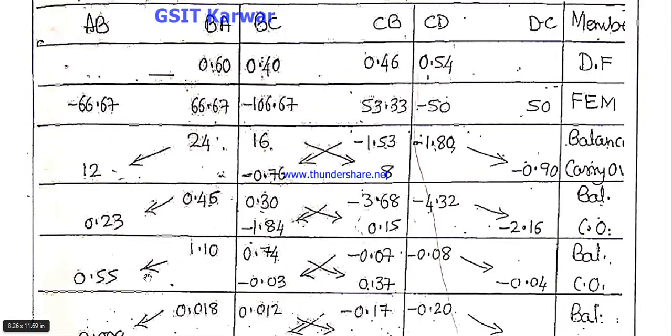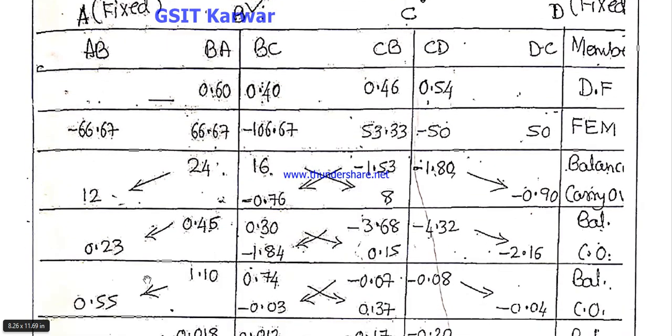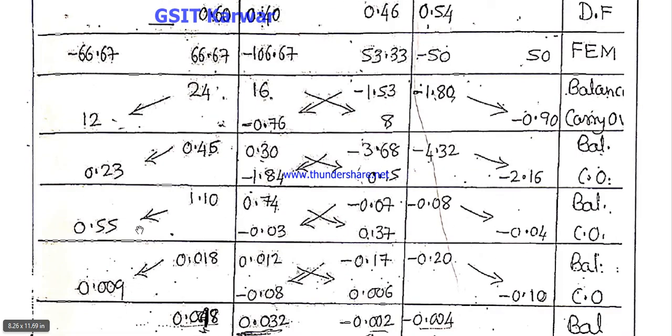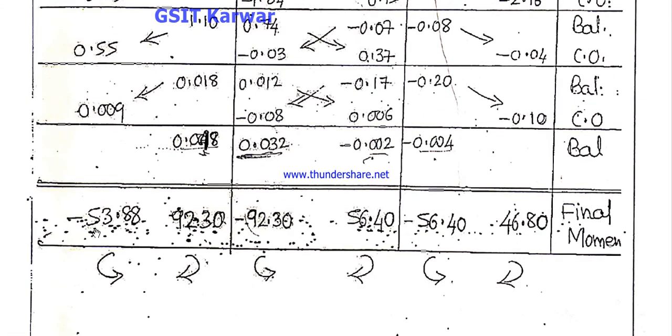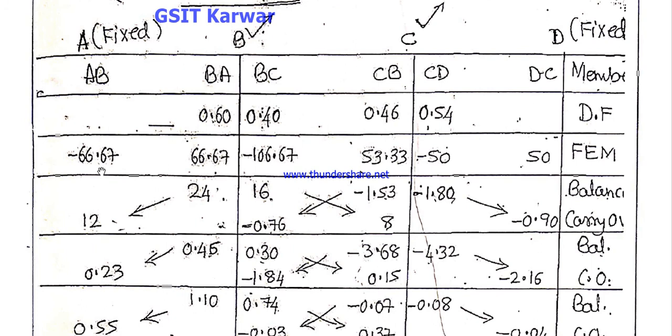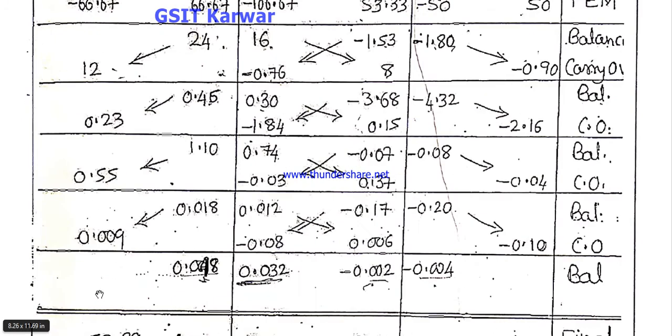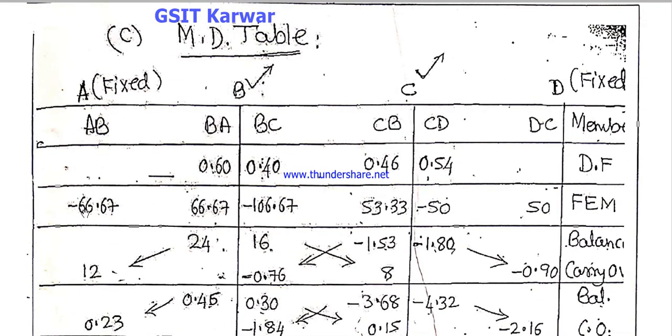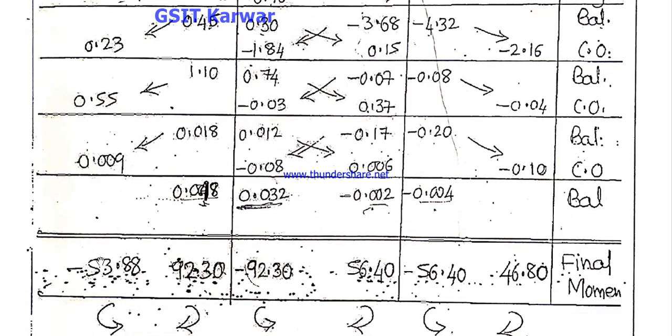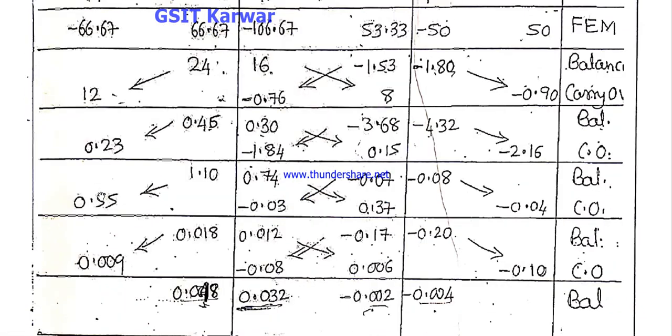After completing this calculation, you can add the moments. How you are going to add? From the fixed end moment to this bottom carryover moment, that means from minus 66.67 to 0.009.